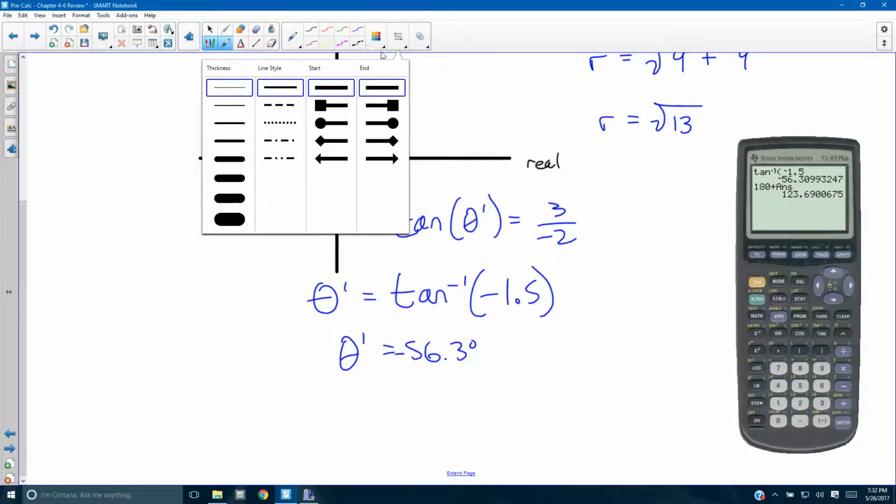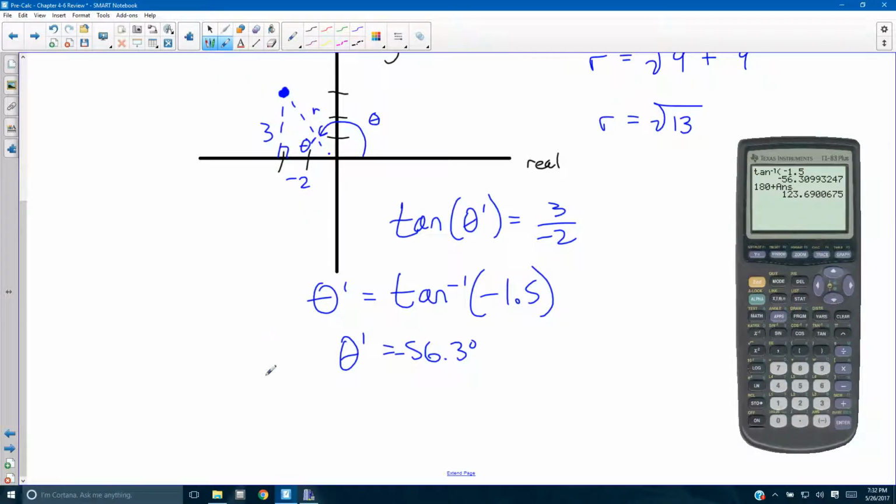Okay, so we got theta, not theta prime. The actual angle is 123.7 degrees rounded here, and I'm going to keep that one because that's what they use. And we just got to write this in trig form. The whole point of trig form is leaving things in terms of trig only, not relying on the actual numbers, but things that involve trig, the magnitude and direction.